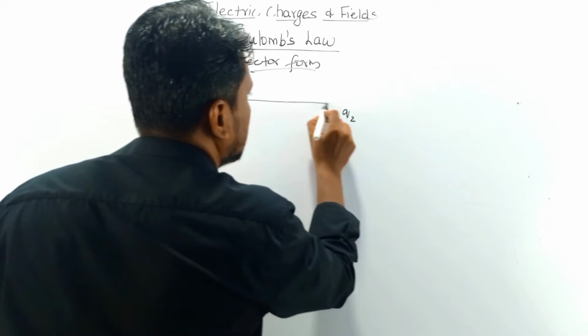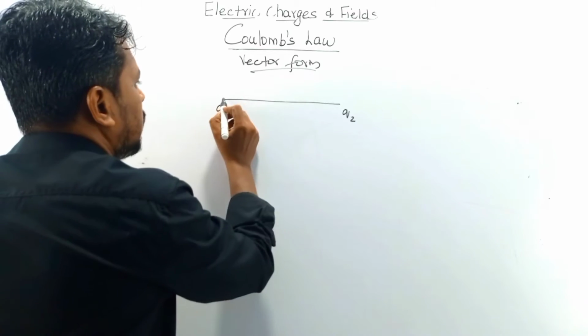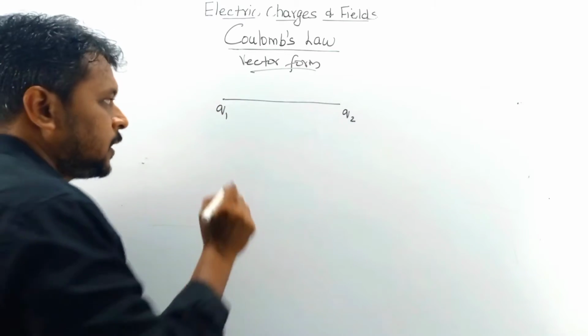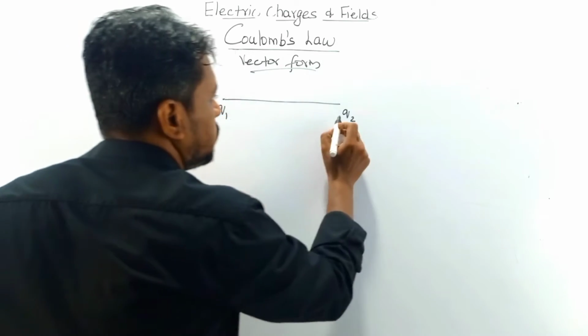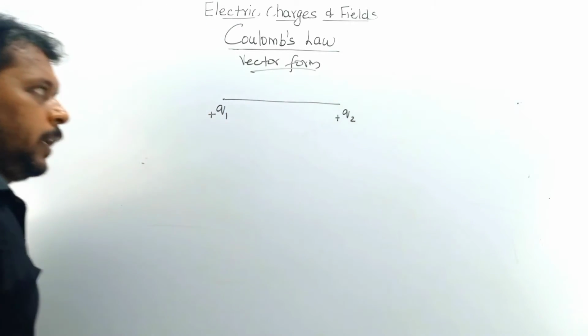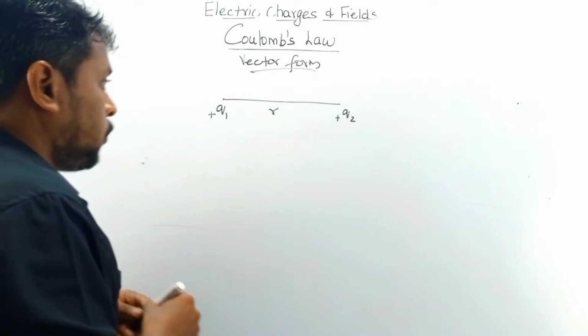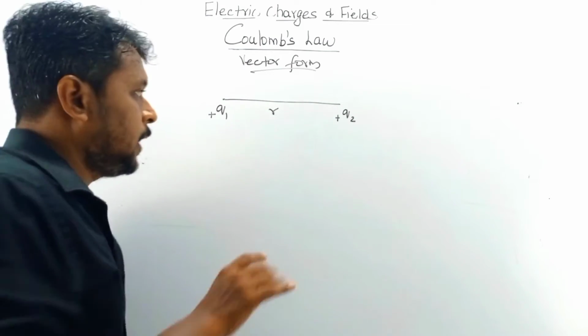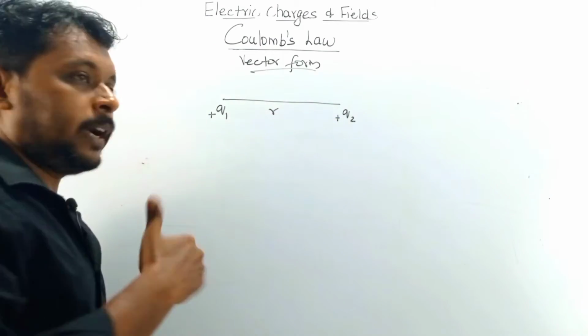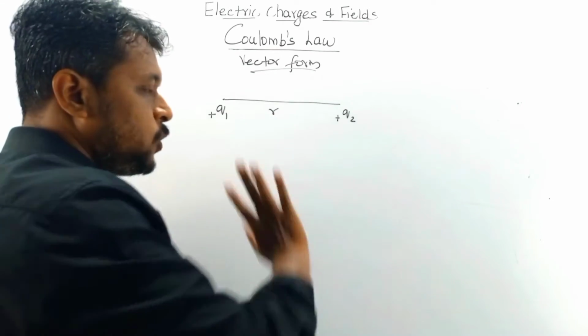This is the line of separation. For mathematical representation, let us take both charges as positive. This is R. Now I am going to see the force acting. Imagine that we have two charges here. We have to find the force acting on individual charges.